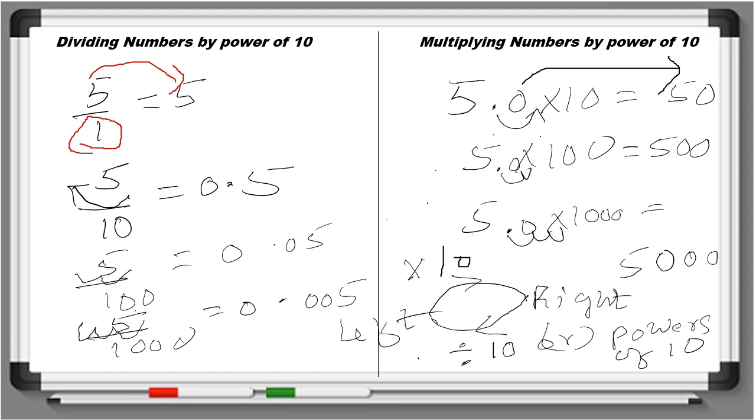When I multiply by 100, the decimal moves two places, we get 500. When we multiply by 1000, we get 5000. So this is how it changes when we divide a number by a power of 10 or when we multiply a number by a power of 10.